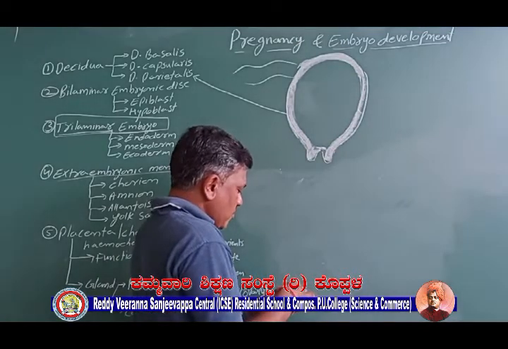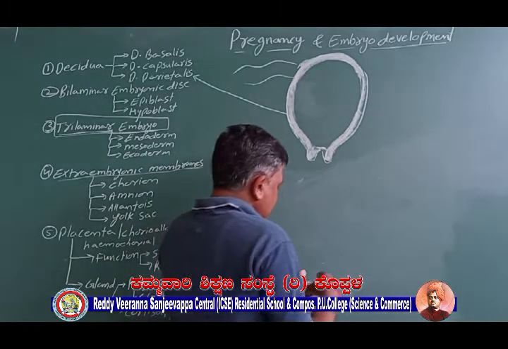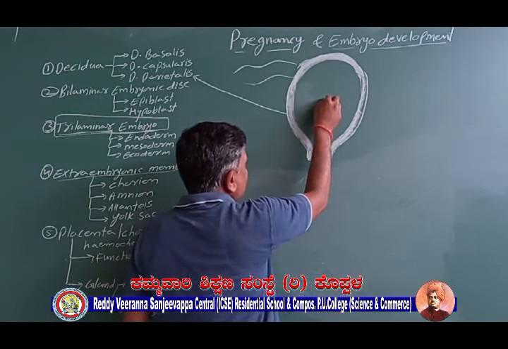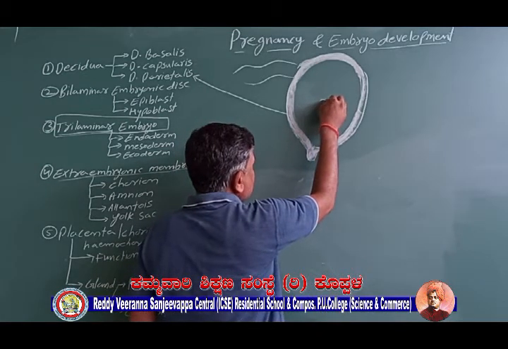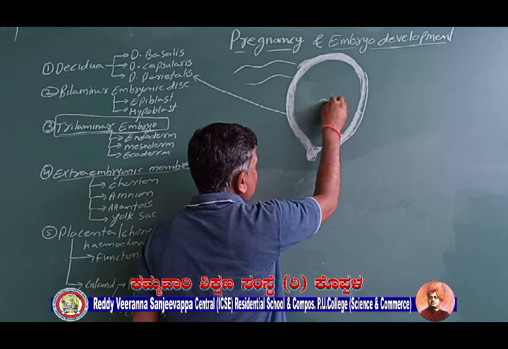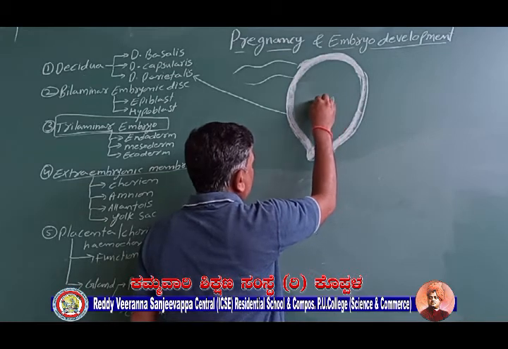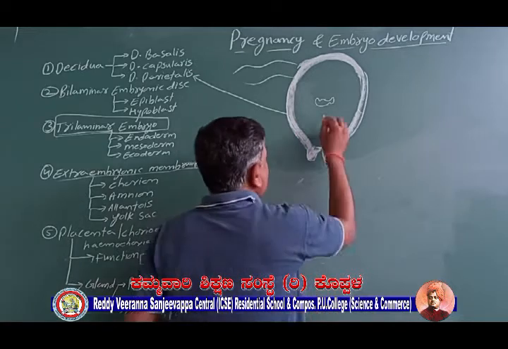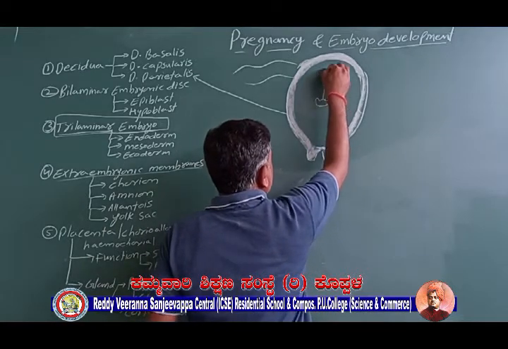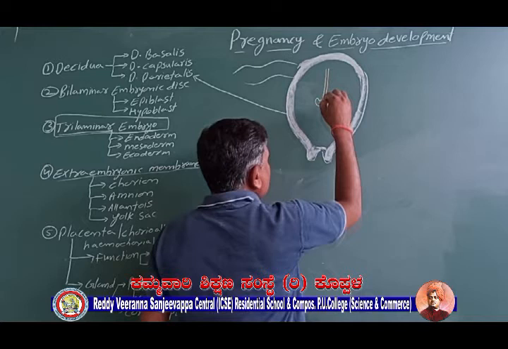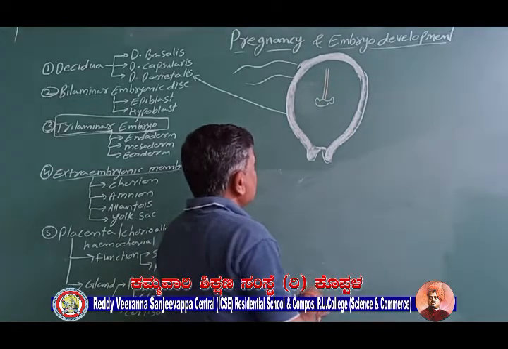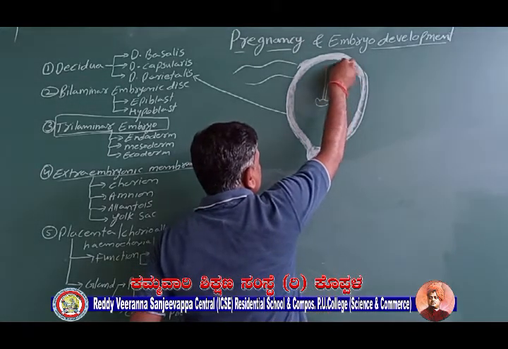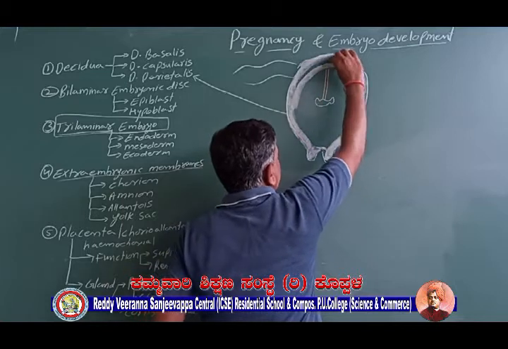Now our embryo is present at the center. Just consider this is the embryo. Now this embryo is attached to the endometrium. So this total is nothing but the endometrium.